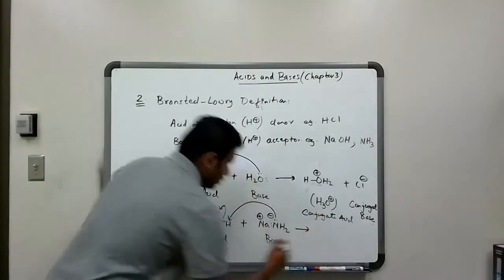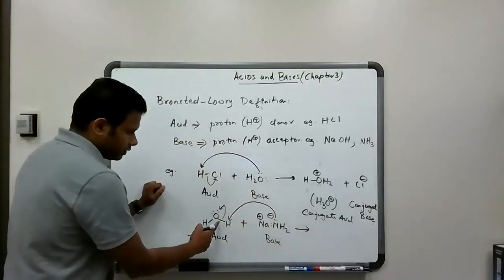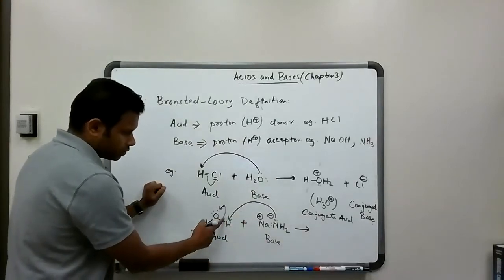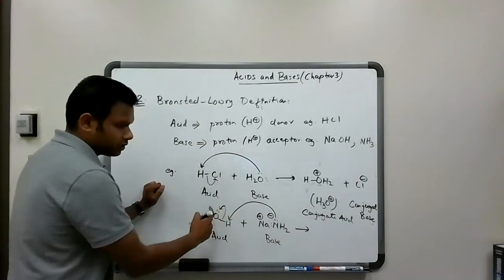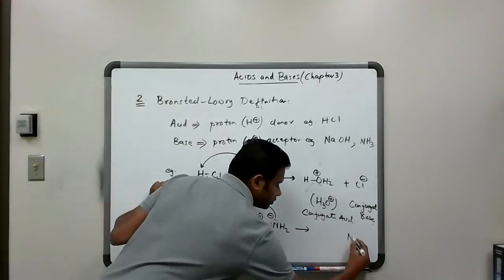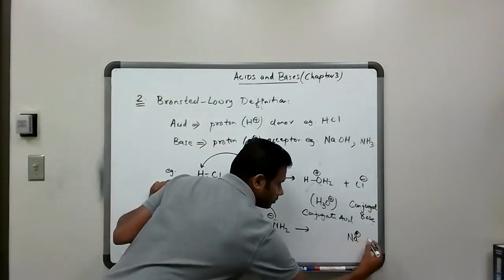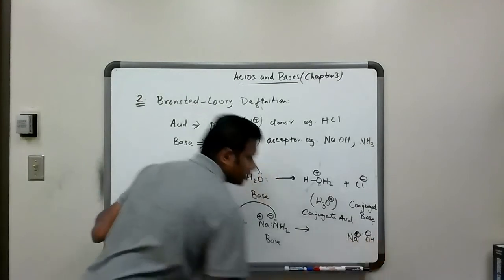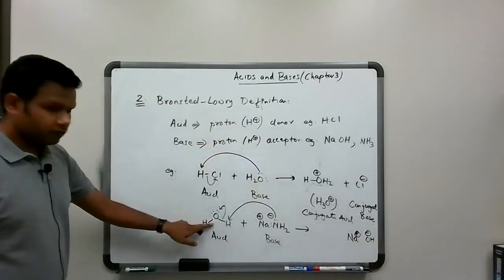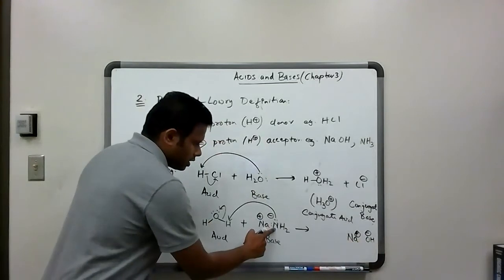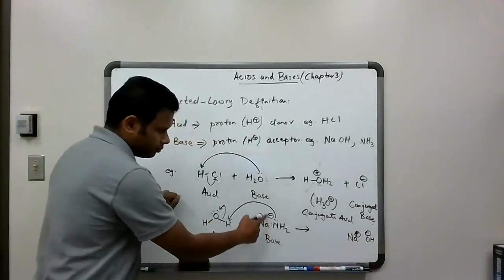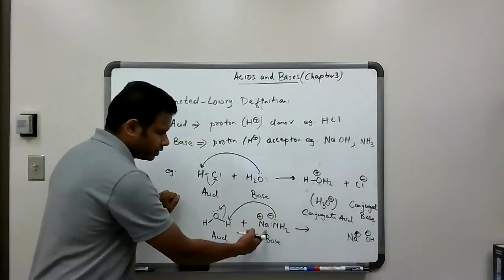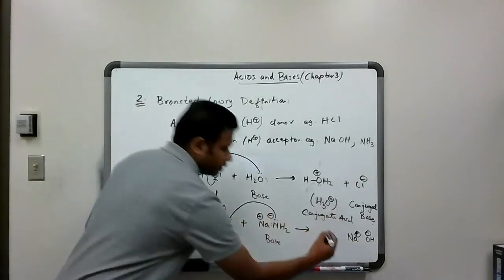Okay, so when we do this, water is losing its proton. Oxygen will have 3 lone pairs around it. So we're going to get sodium and hydroxide now. We'll get a hydroxide ion. The sodium was just balancing charge here. It was with the nitrogen earlier, and now it's with the oxygen.